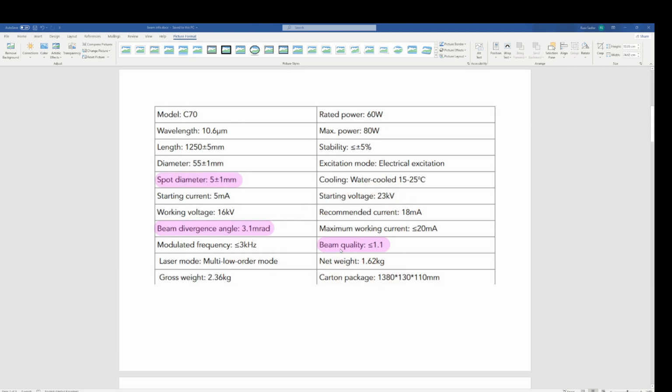That's what beam quality is. It's not a perfect match, but it's nearly. So if we take 1 and divide it by 1.1, we get basically 91%. In other words, the match to a pure Gaussian distribution is 91%. That's what the manufacturer claims.